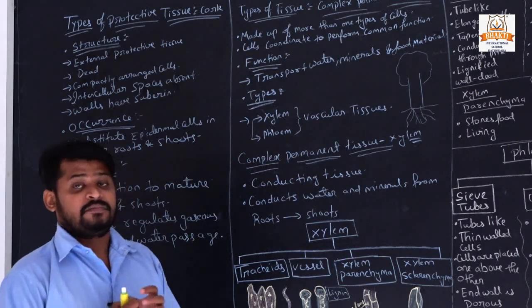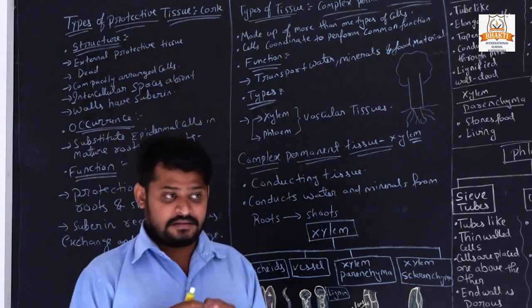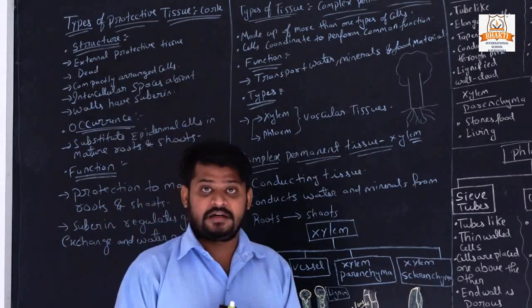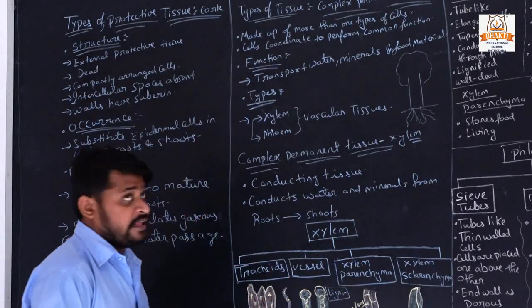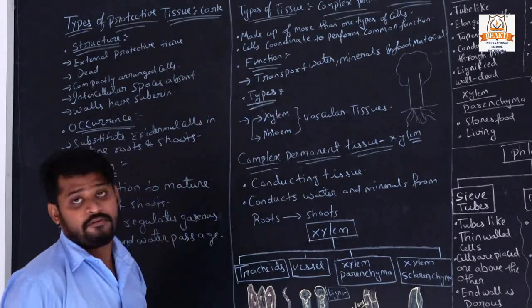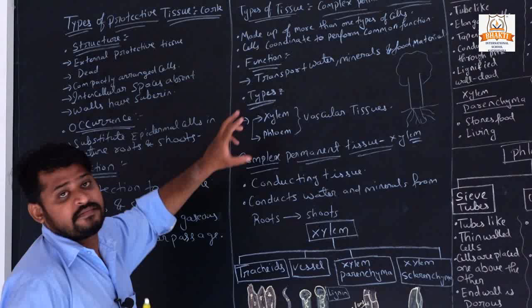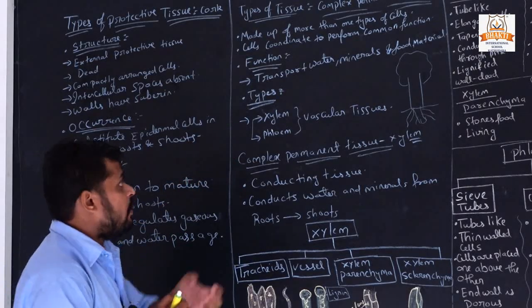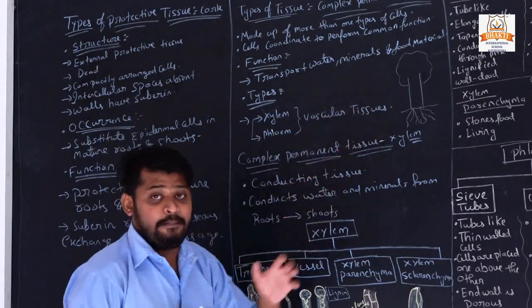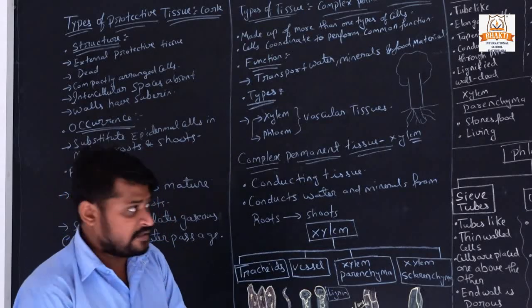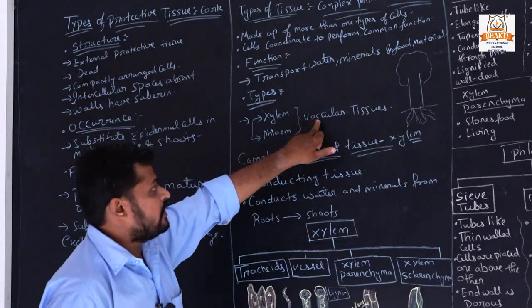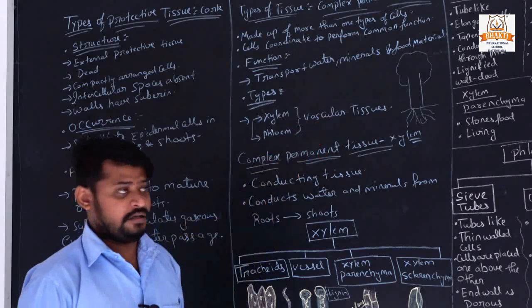They both work together to perform this function. We already studied that xylem and phloem combine to make vascular tissue, and bundles of tissues are present. That's why we call them vascular bundles.